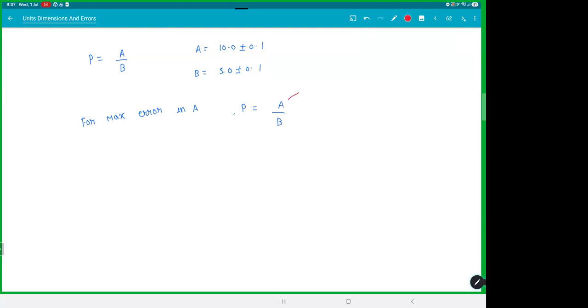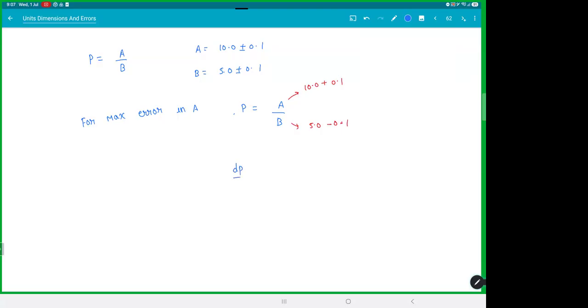A should be the maximum value. So that will be 10.0 plus 0.1, and B should be 5.0 minus 0.1. Are you getting it? So when that thing goes up, minus of minus becomes plus. That's why we say errors are additive.